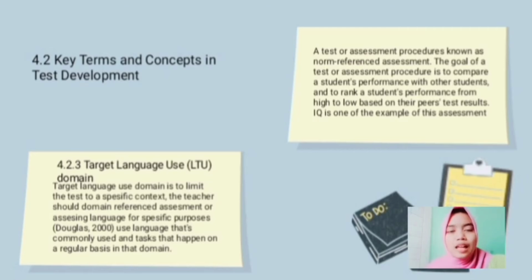And second, a test or assessment procedure known as norm reference assessment. The goal is to compare a student's performance with other students and to rank student performance from high to low based on their peers' test results. IQ is one of the examples of this assessment.